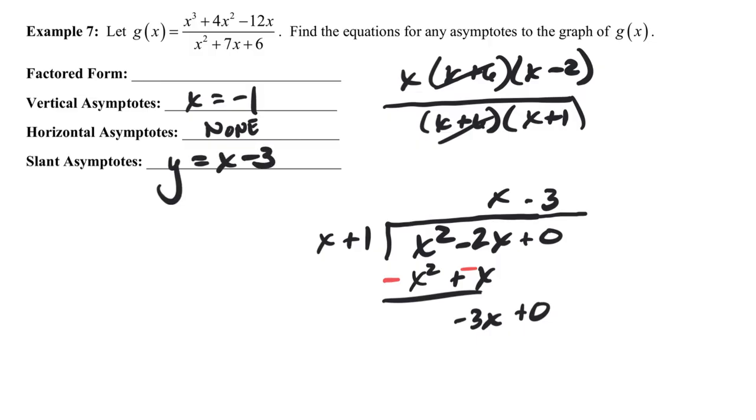See, I told you the long division for a slant asymptote is a little bit easier because I don't have to go all the way to the end. I just need y equals mx plus b, and I did that there. And if you're saying, well, why don't you just do the long division with the original? You could have. You're going to get the exact same thing. I just think it was a little bit easier to do it with smaller polynomials, but you definitely could have done it from the beginning.